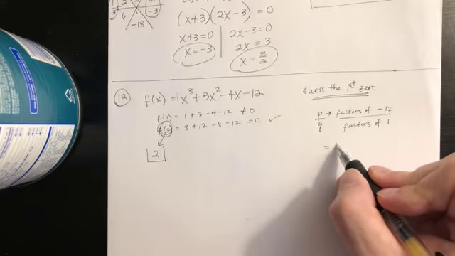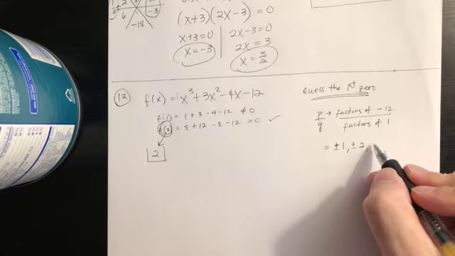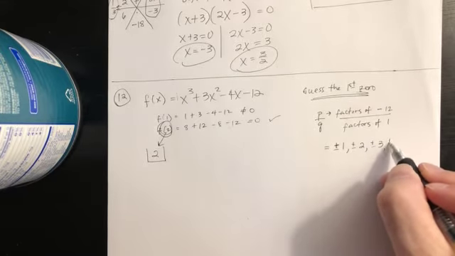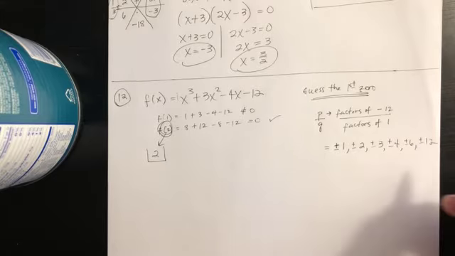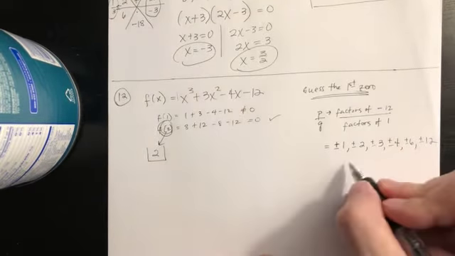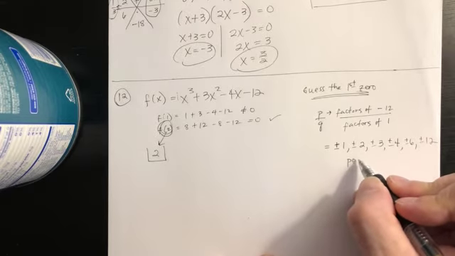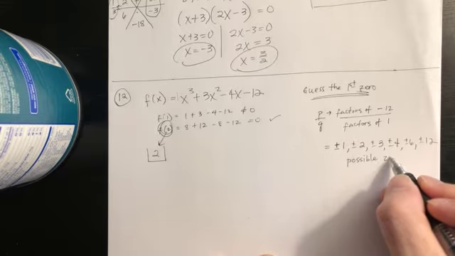So for -12, you get ±1, ±2, ±3, ±4, ±6, and ±12. These are all the different numbers that could possibly work. These are possible zeros.